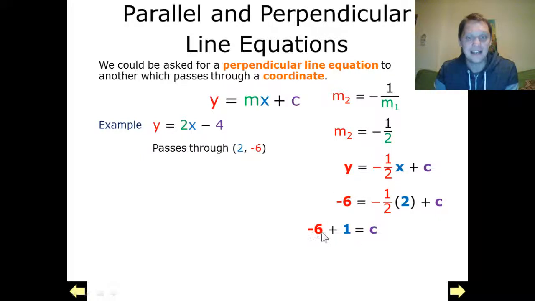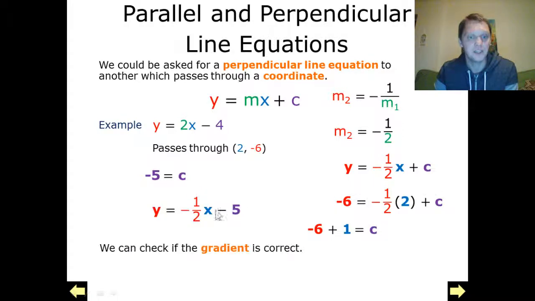So I end up with negative 6 plus 1 equals c, because c was still left on its own on the right hand side. Adding 1 to negative 6 gives me negative 5. So I found out what c equals. Now I can put that back into my new perpendicular line equation. So I'd have y equals negative half x minus 5.